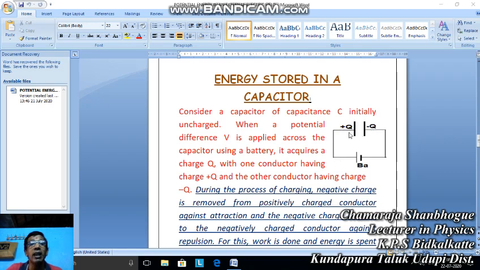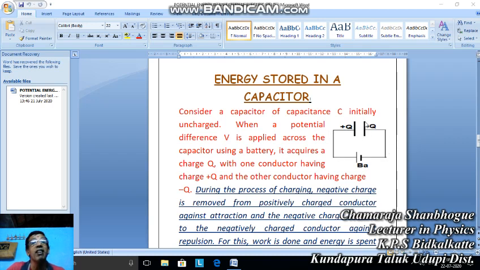To remove electrons from the positive plate, listen carefully, work must be done against attraction. Because it is a positive plate, we should remove electrons from that, and those electrons must be added to the negative plate.